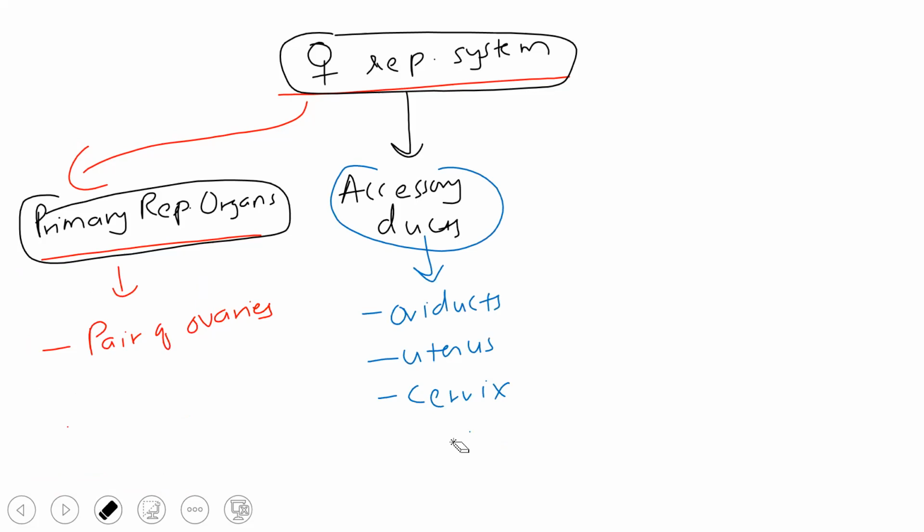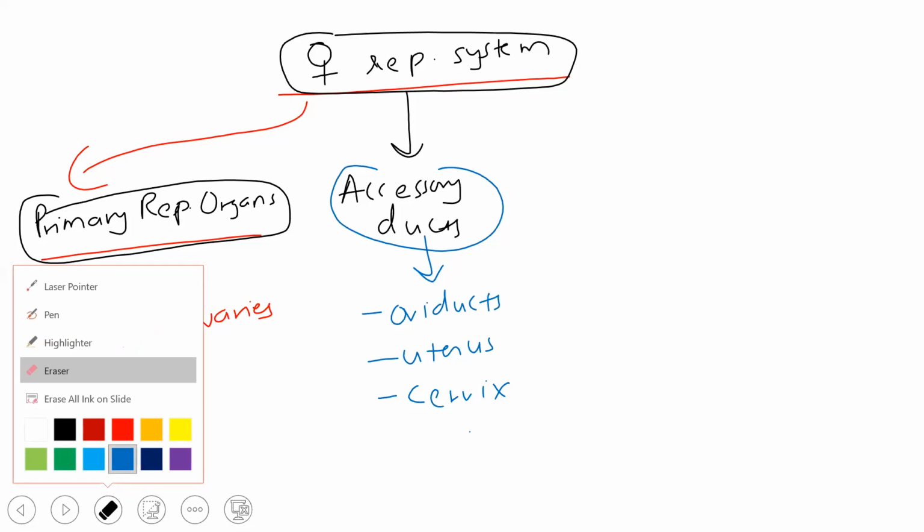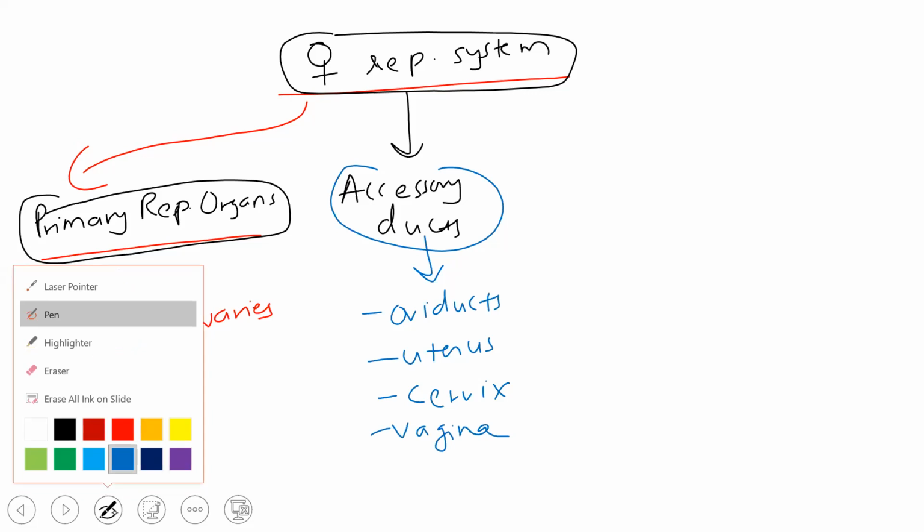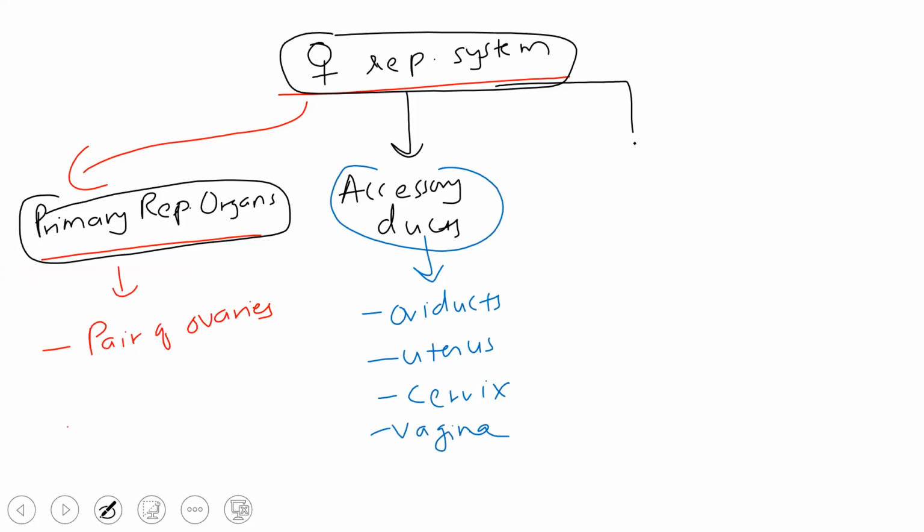So we have oviduct, uterus, and cervix. Along with that, you can also consider the vagina as a part of the oviduct. As per the differentiation, ideally we call it a separate structure, but we'll keep it over here.